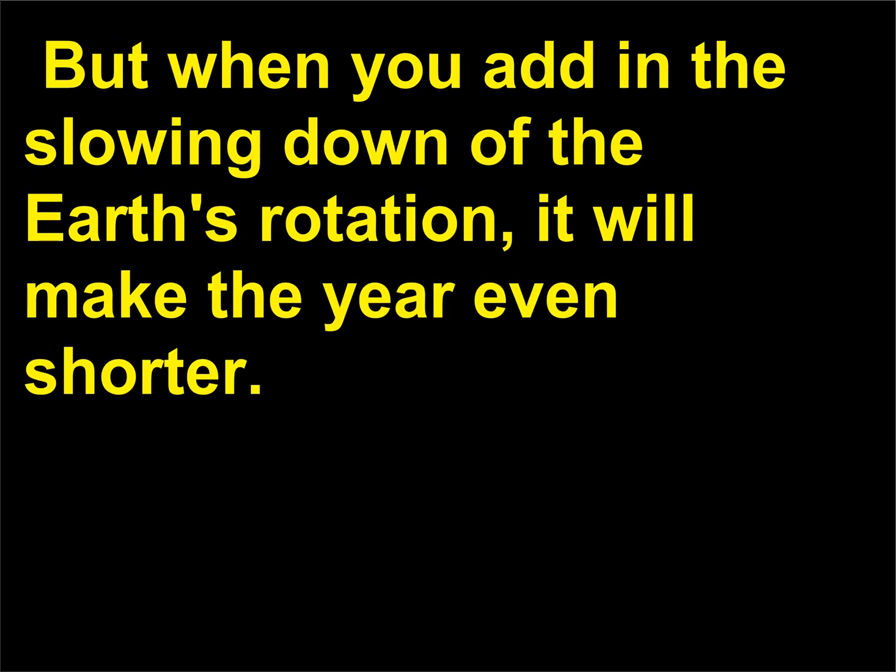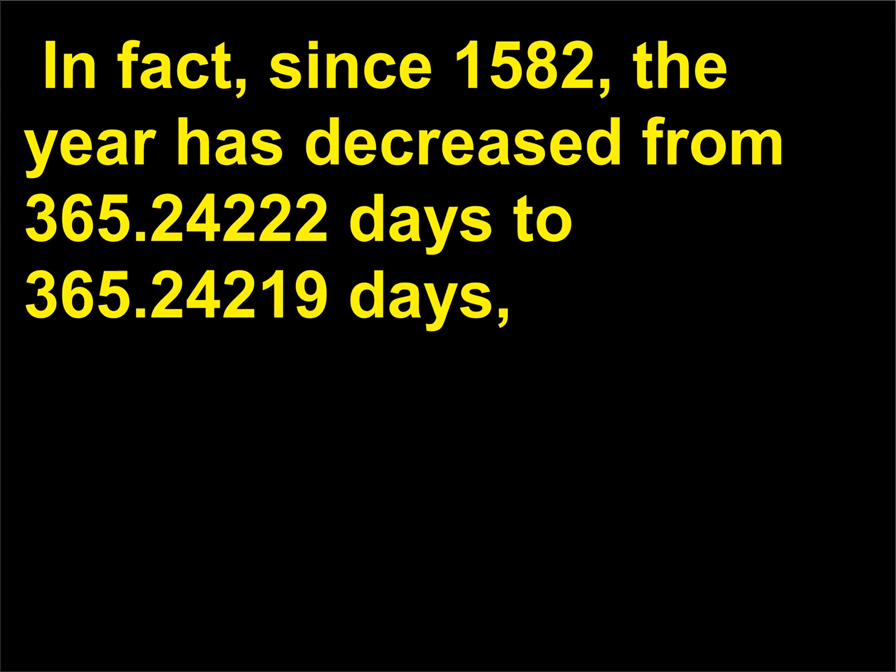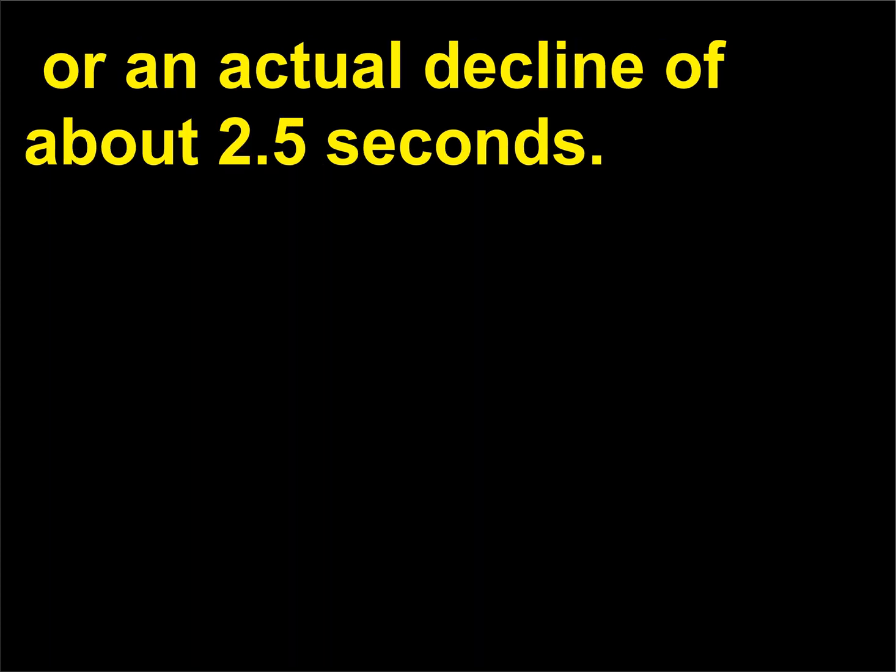But when you add in the slowing down of the Earth's rotation, it will make the year even shorter. In fact, since 1582, the year has decreased from 365.24222 days to 365.24219 days, or an actual decline of about 2.5 seconds.